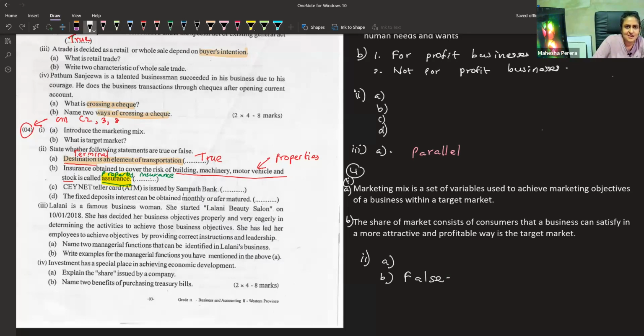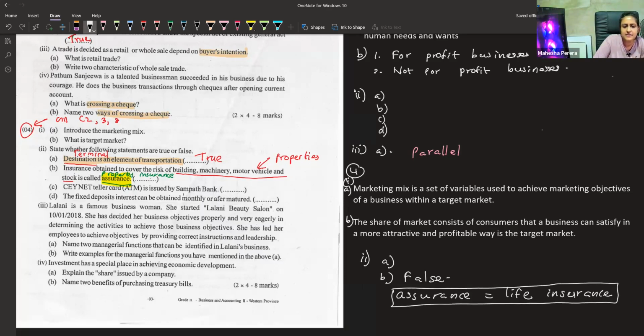Assurance is life insurance, or assurance equals life insurance. Remember that assurance refers to life insurance. It's another term that we use. Then highlight this using a term highlighter. Do that part.